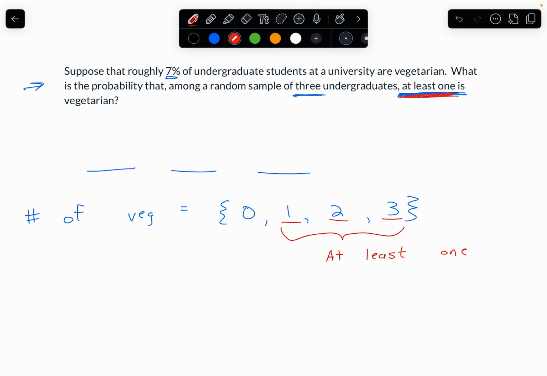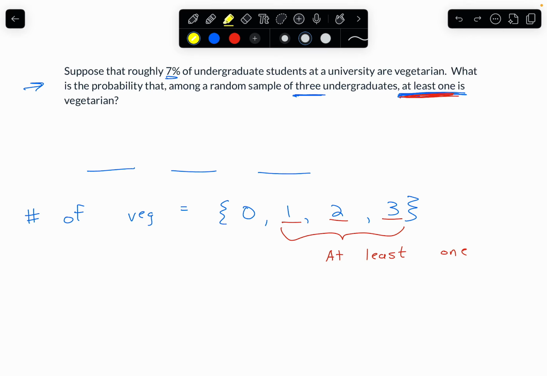So I see 2 different ways that I can approach this problem. I can say, if I want to calculate the probability that at least 1 of these individuals is a vegetarian, I would have to find the probability that exactly 1 of them is a vegetarian, and then the probability that exactly 2 of them are vegetarians, and then the probability that exactly 3 of them are vegetarians, and then add those probabilities together. So I would be finding 3 separate probabilities and then adding them together.